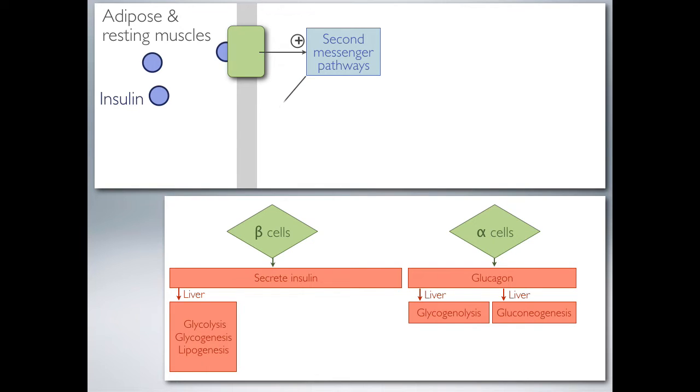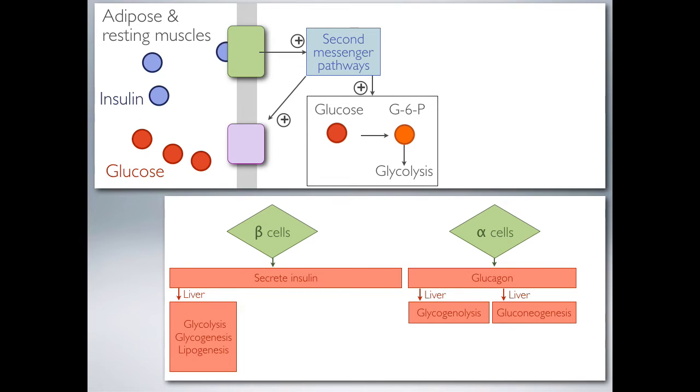In this case, the second messenger pathway will facilitate the absorption of glucose so that it enters inside the cell. We have glycolysis occur. That is just the burning up of glucose so that those cells have more ATP. All right, so we add those. The adipose tissue or resting muscle cells are added as efferent responses.